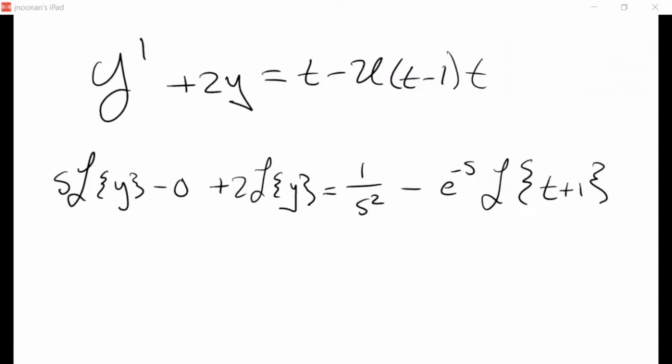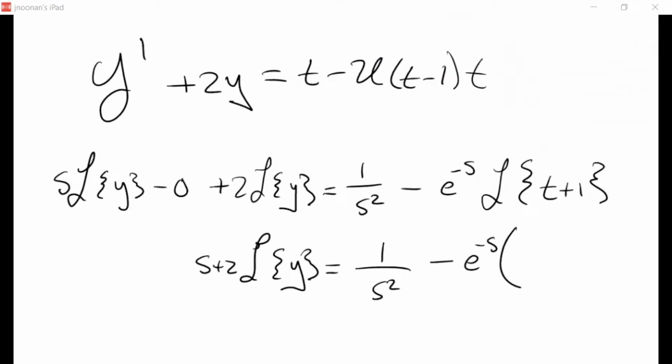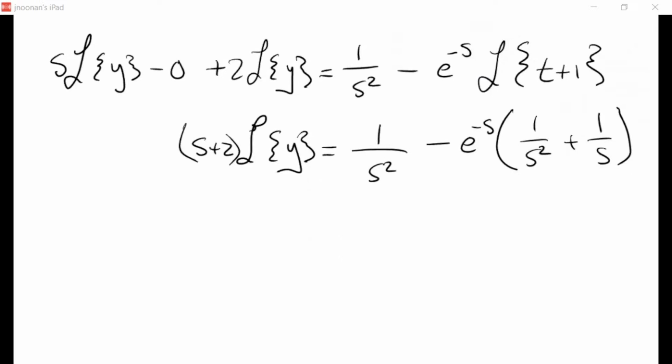So once you're happy with that, then the rest of this is pretty straightforward. It's going to be s plus 2, Laplace transform of y is equal to 1 over s squared minus e to the negative s times 1 over s squared plus 1 over s. Should be in parentheses.